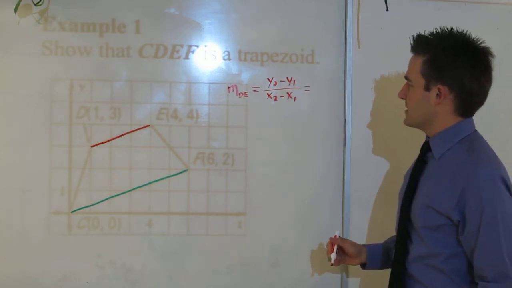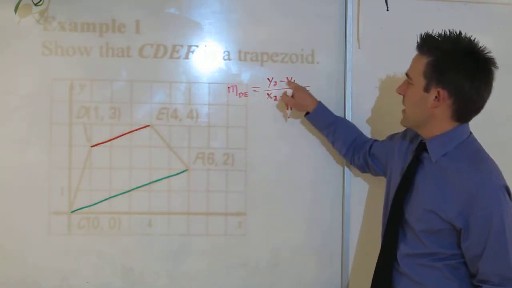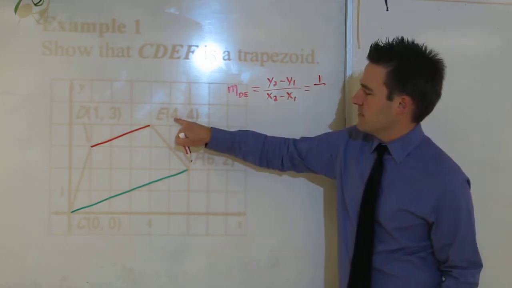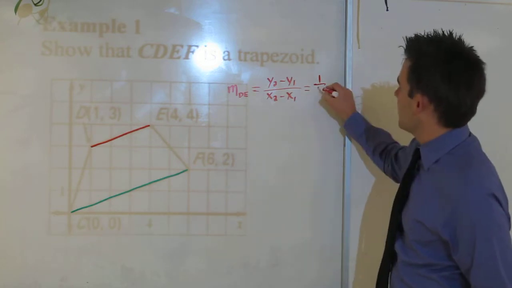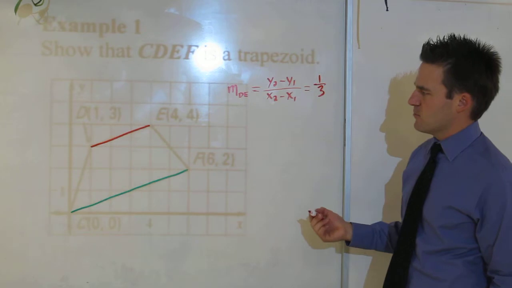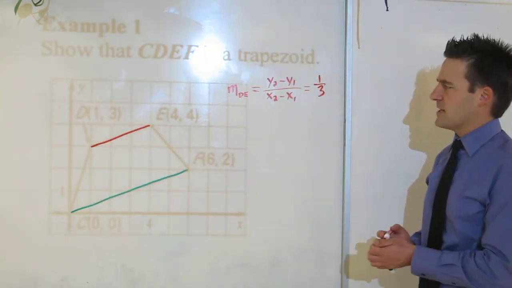In this case, we have 4 minus 3, that's 1, and we have an x coordinate of 4 minus 1, so that's 3. So the slope of this line is 1/3. We can also see it goes up 1 over 3, so that seems like we did it correctly.